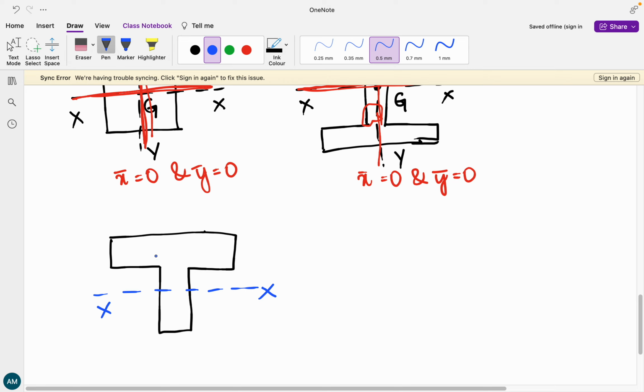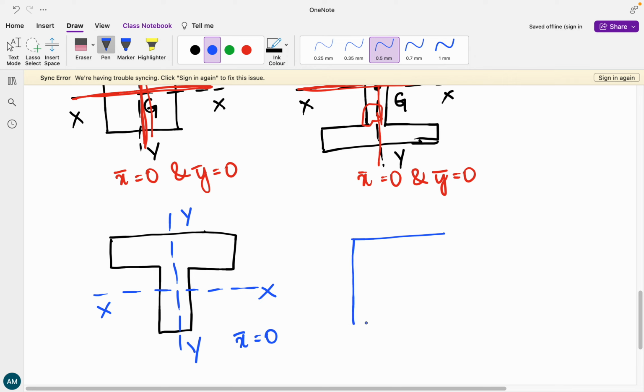This is not going to break it down into two equal halves, but the y axis that is present is going to cut my given plane figure into two equal halves. Hence, for this particular case, I can write that X bar is equal to 0 because it is symmetrical about the YY axis.